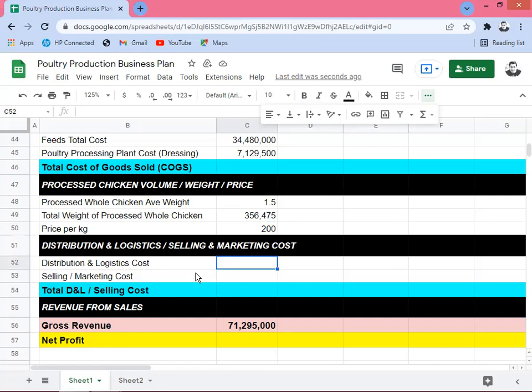For the distribution and logistics cost, we also don't have basis. Okay, but in my history, I was the distribution and logistics manager for a company here in the Philippines. When I joined the company, the cost was 6% of the gross revenue.